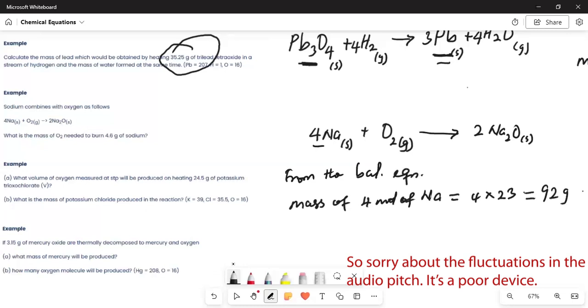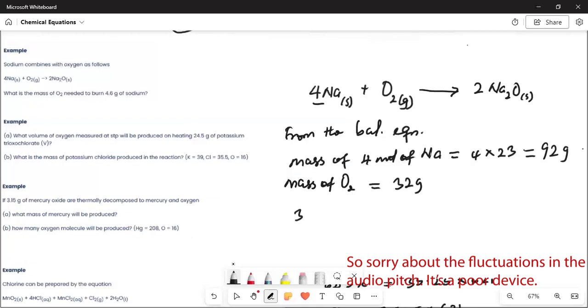The mass of oxygen from this balanced equation is 32 grams, meaning 32 grams of oxygen burns 92 grams of sodium.